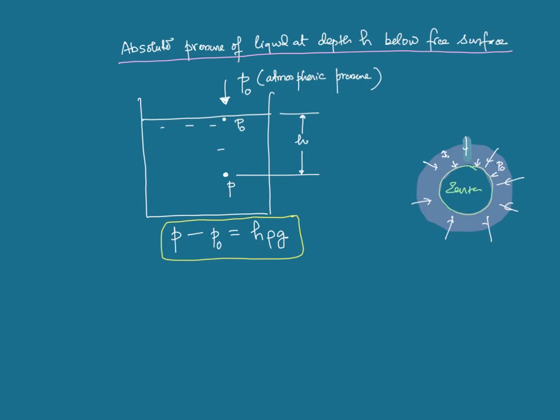But why is this also P naught? This we'll discuss in detail in a later topic known as surface tension. But you remember one thing: there can be three types of surfaces: flat, curved in this way, or curved in that way.